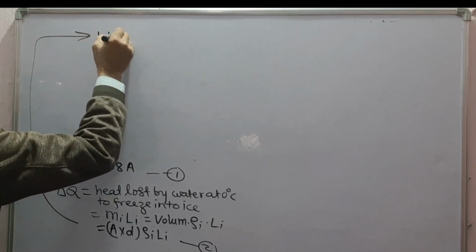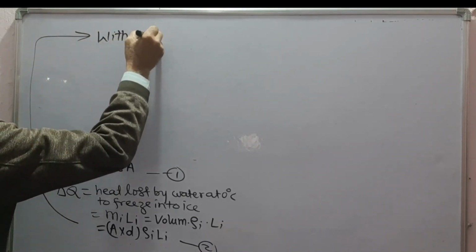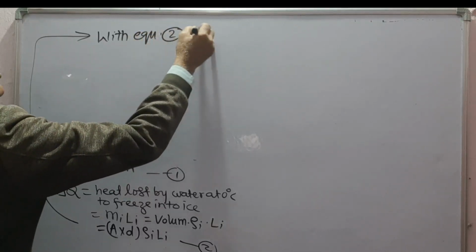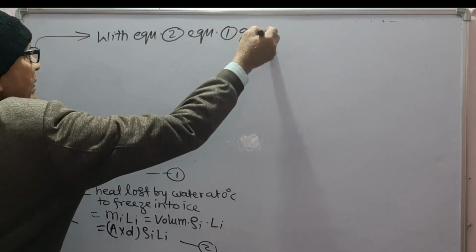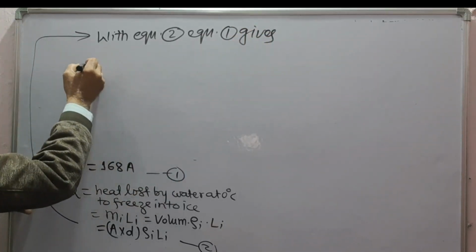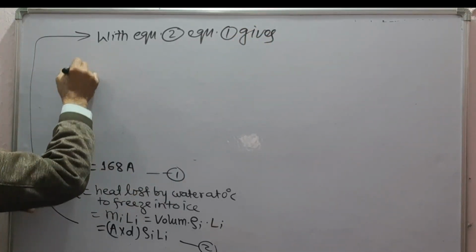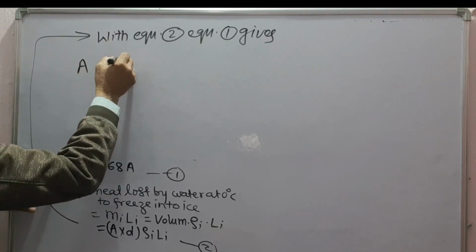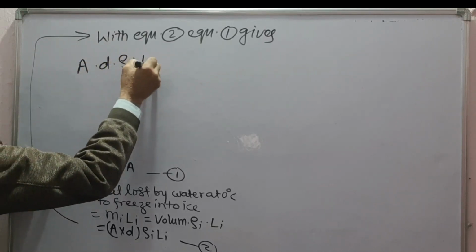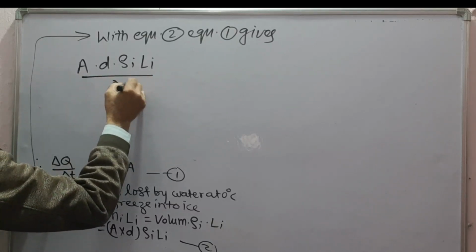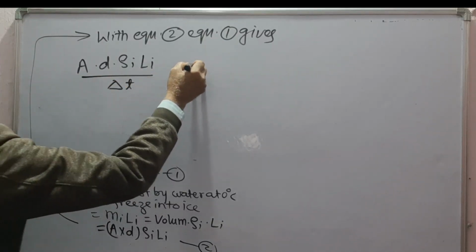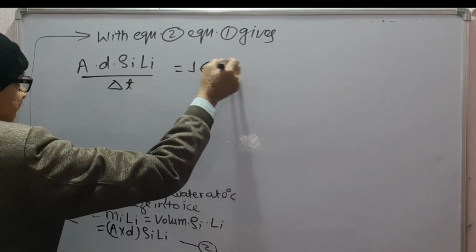Equation 2 with equation 1 gives A into d into rho ice into L ice upon delta T is equal to 168 A.